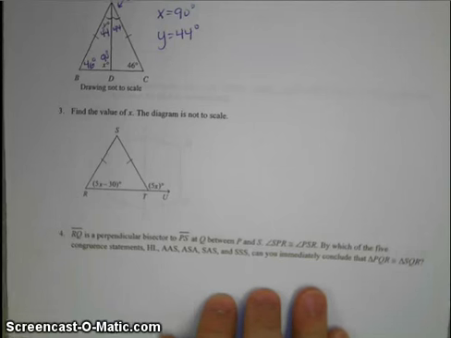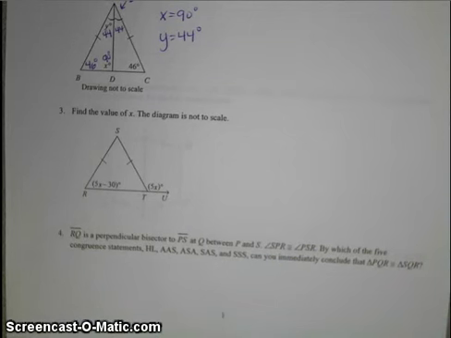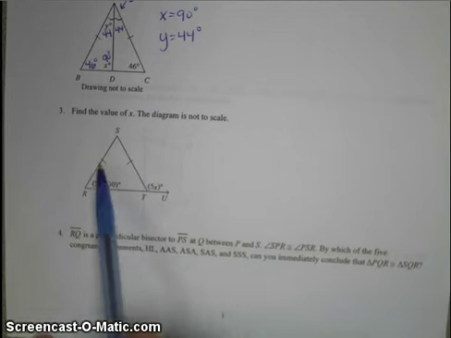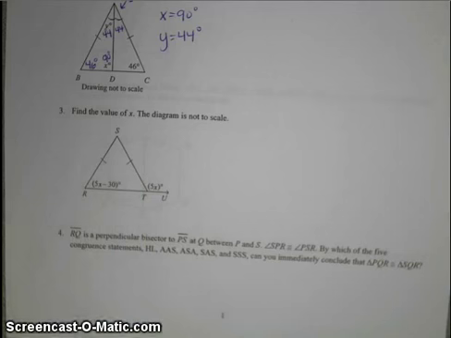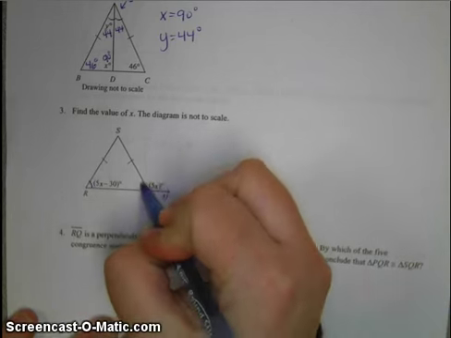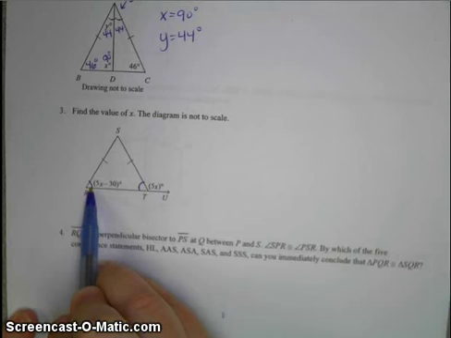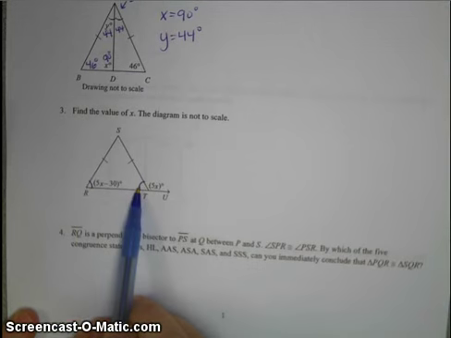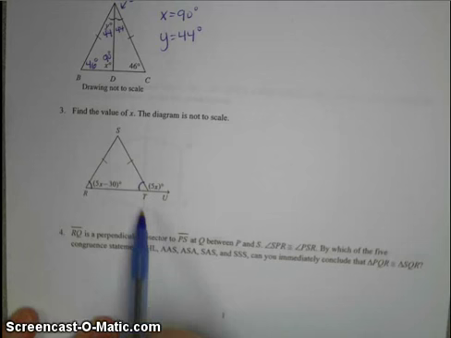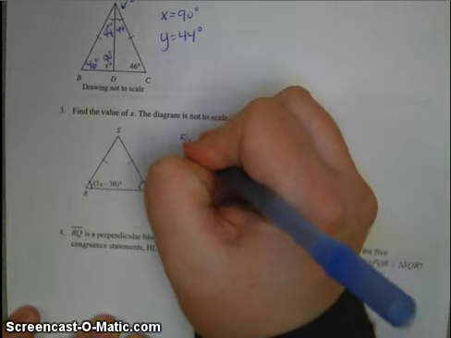Number 3, find the value of x. The diagram is not to scale. Again, I notice that I have an isosceles triangle. So I know that my base angles are exactly the same. So if this angle is 5x minus 30, so is this one. Well, what do I know about this relationship? Hopefully, we remember that these form a linear pair, so they're going to add up to 180.